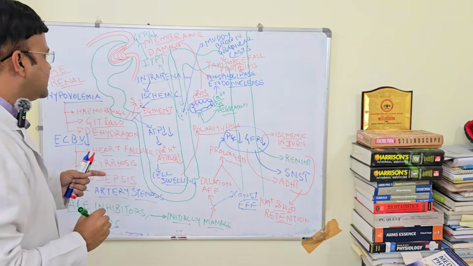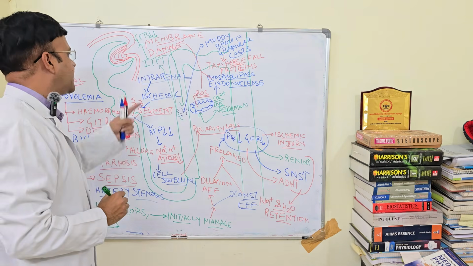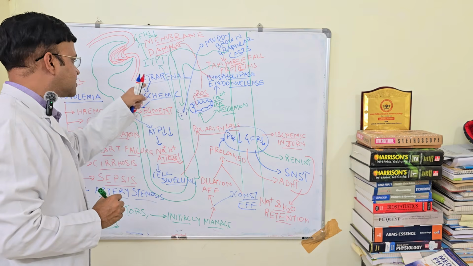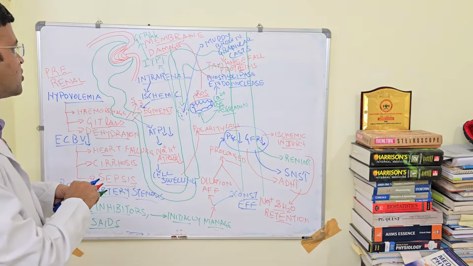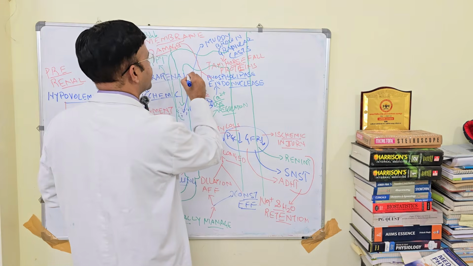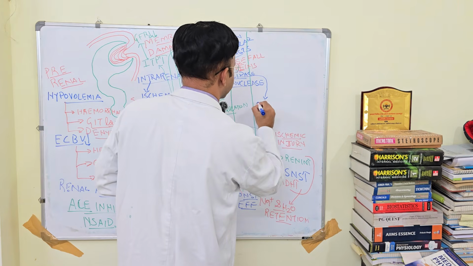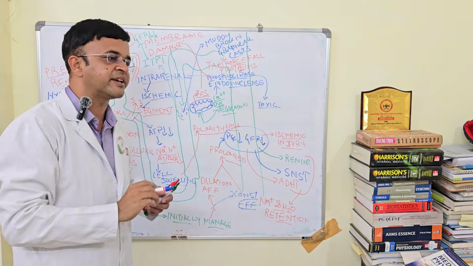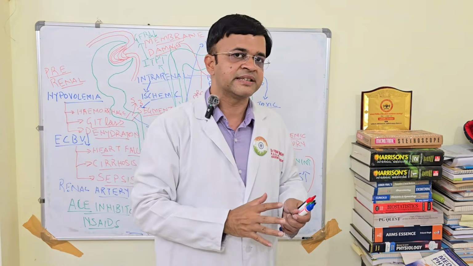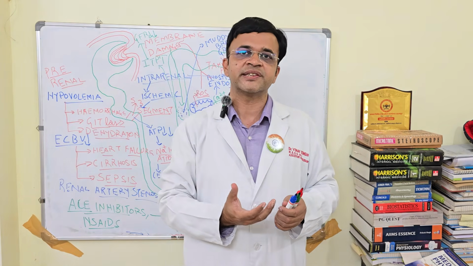Then there is also one very important variety of intrarenal. We discussed the ischemic one. There is also the toxic variety of intrarenal, which is clinically very important. When I was an intern in the medicine department, we used to see many poisoning cases.